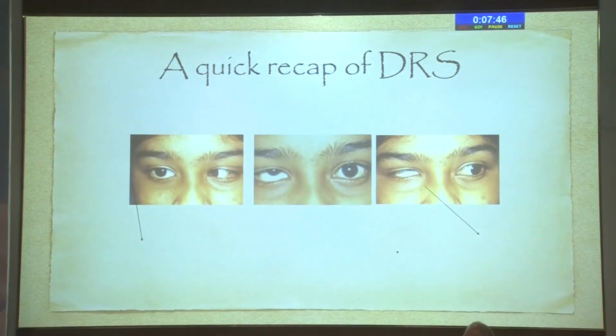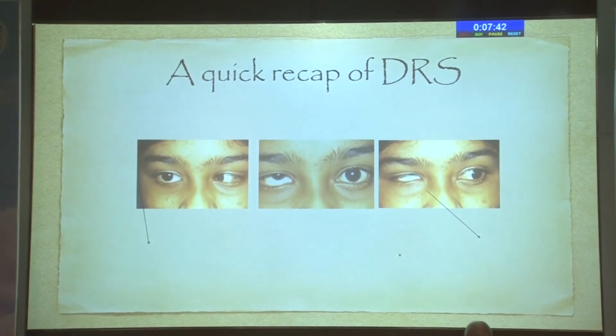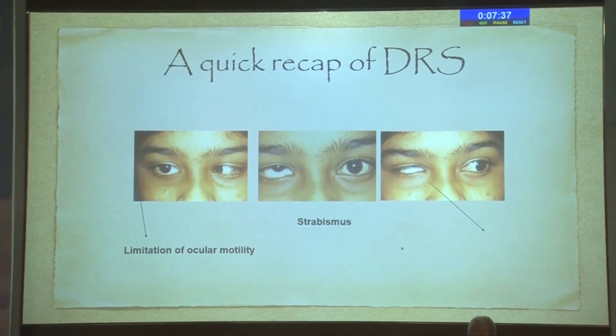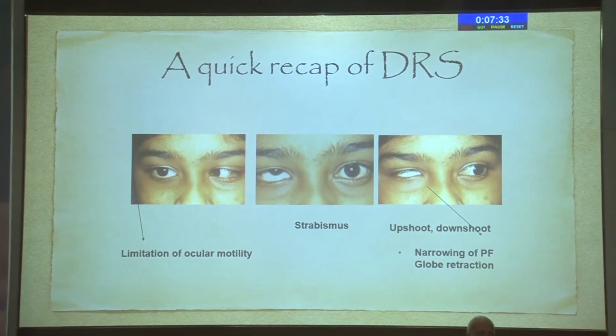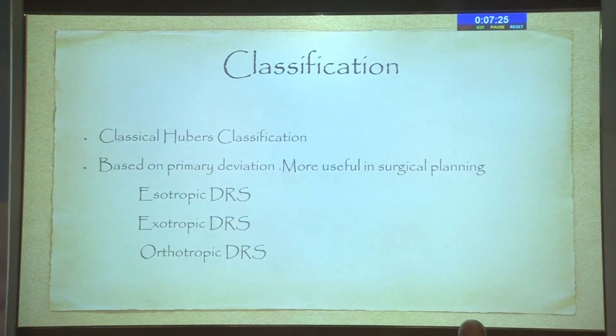Just to recap, Duane syndrome can have limitation of ocular motility, strabismus, narrowing of palpebral fissure, upshoots, downshoots, and abnormal head posture to overcome any of the above or to maintain binocular single vision.